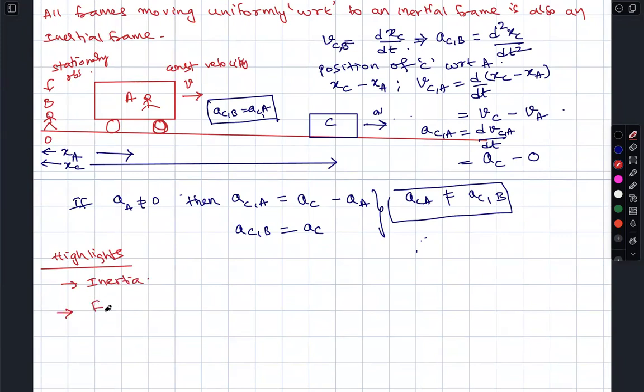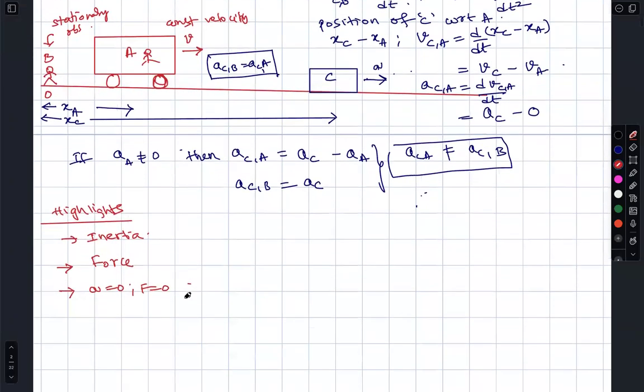Two, it has introduced a concept called force. Prior to first law, no one knew force. Force is responsible for change of state. And last but not the least, if acceleration is zero, force is zero. This is how we have defined equilibrium. These are the highlights of first law.